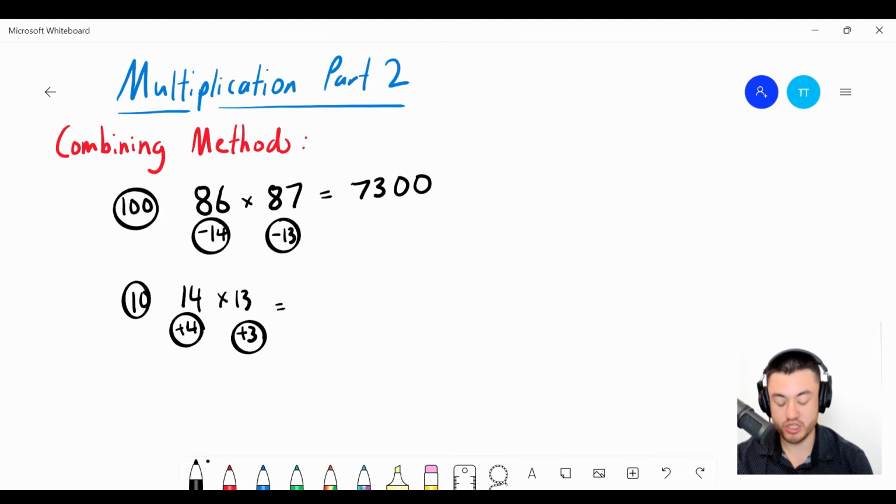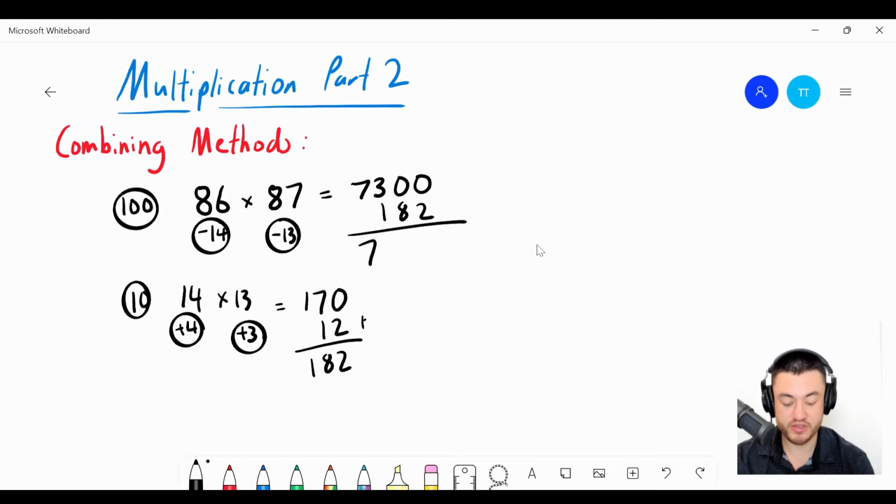We would add diagonally, so 13 plus 4 or 14 plus 3 will be 17, multiplied by the reference number 10, and then 4 3s are 12, and we would get 182, and we would add that to our total up here to leave us with 7,482. So that's the case where it's a little bit more tricky, where you're having to do two sets of referencing to get to your answer.